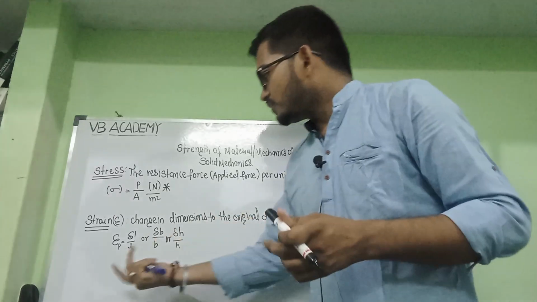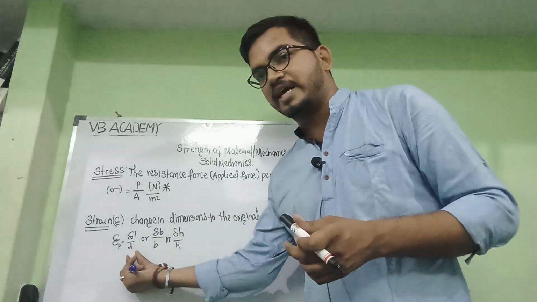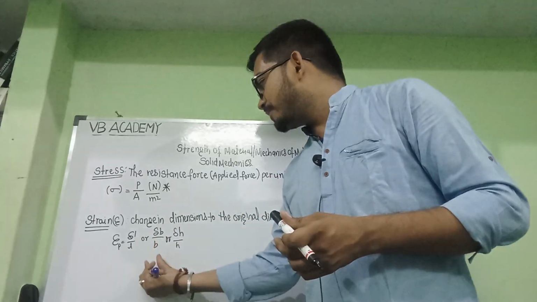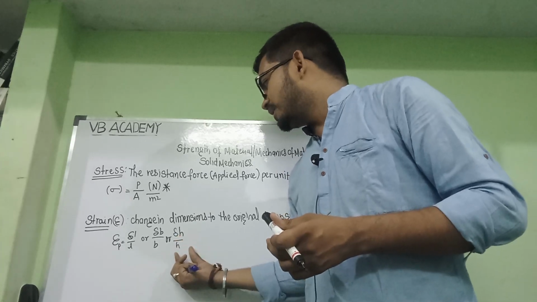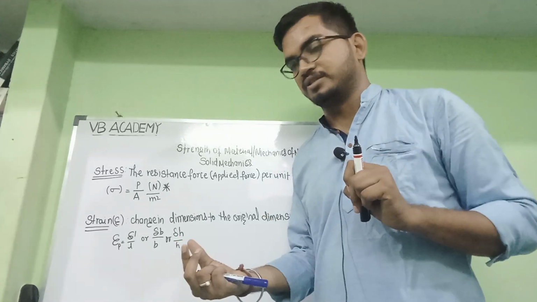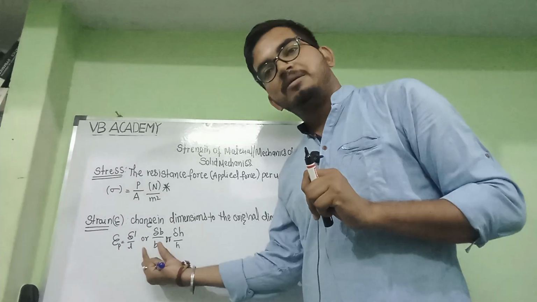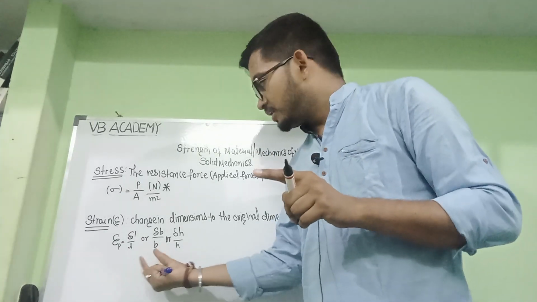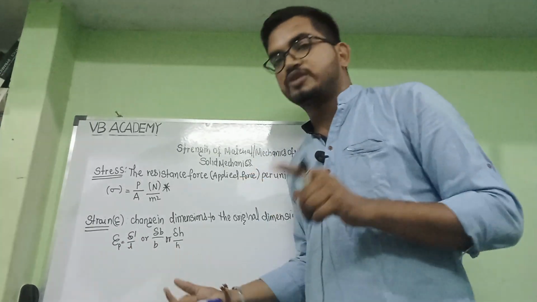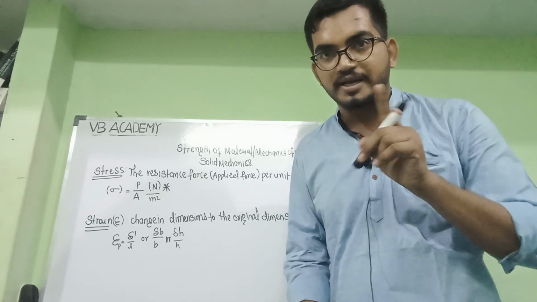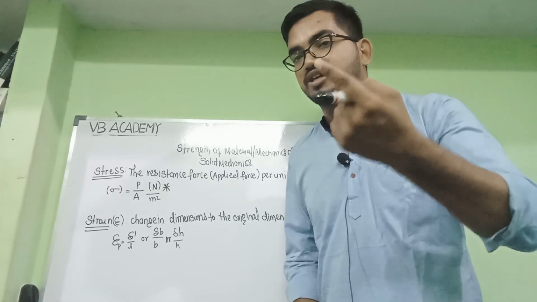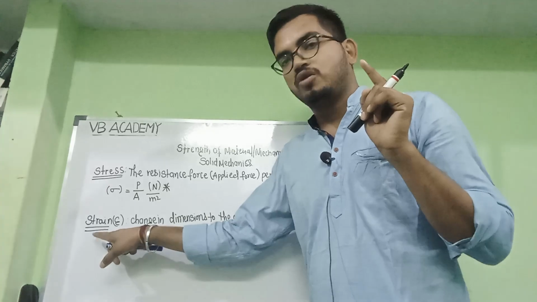Say if you are applying the force along the length direction, then delta B by B and delta H by H will be secondary strains. If you are applying the force along breadth B, then delta L by L and delta H by H will be secondary strains. Secondary strain means other than the direction of application of force. Clear?